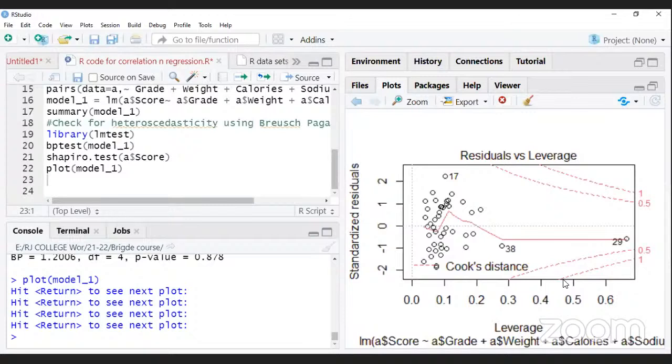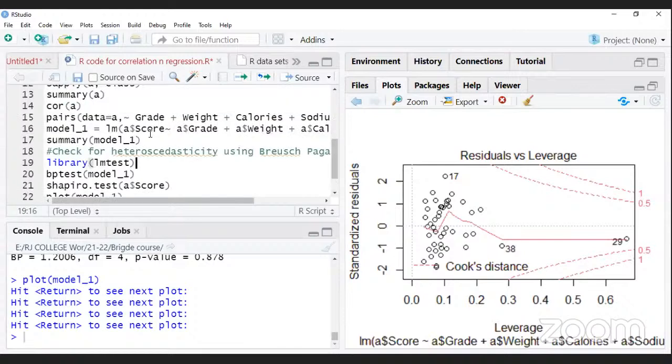But if some point is above this line, above this number 1, then there may exist a residual problem, an error, meaning Cook's distance is there, an outlier exists in our problem. So in that scenario, we have to remove those points and run the entire model once again.